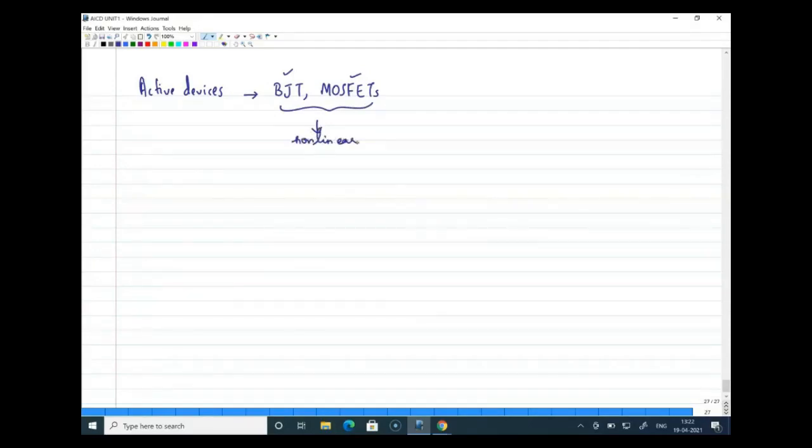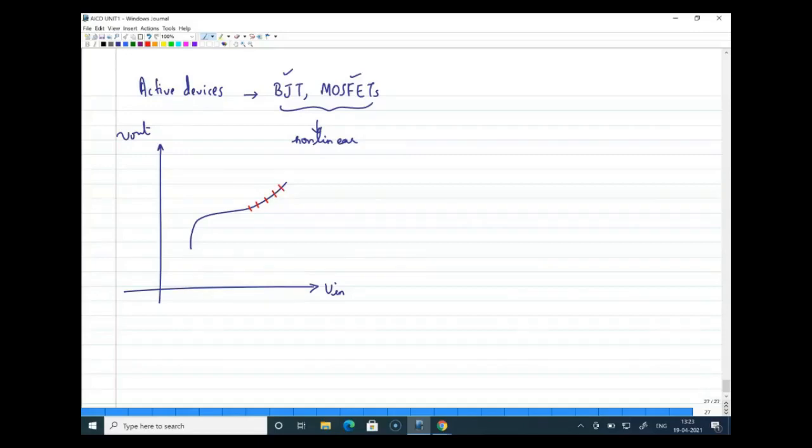But then what do we do? So we have nonlinear devices. Say this is V in and this is V out. And nonlinear devices will definitely give some nonlinear response. But what we do is we work on small linear segments of this nonlinear device. So we work on how do we get linear amplification out of a nonlinear device?